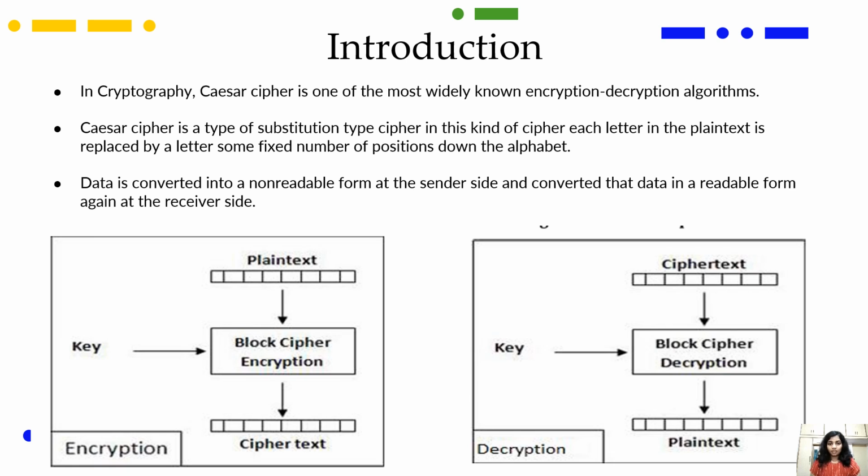So, in the given plain text, each alphabet will be replaced with another alphabet according to the number of positions fixed by us or by the algorithm which we have chosen. So the data is converted into a non-readable form at the sender side and converted into readable form again at the receiver side.